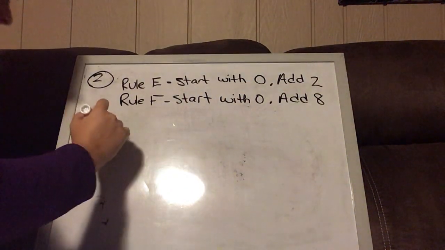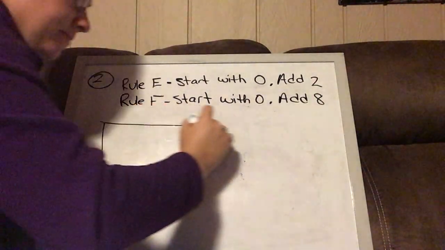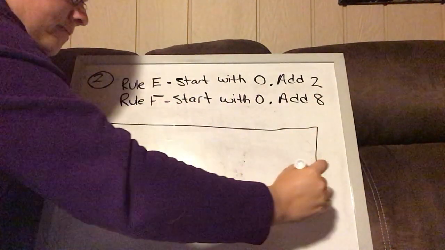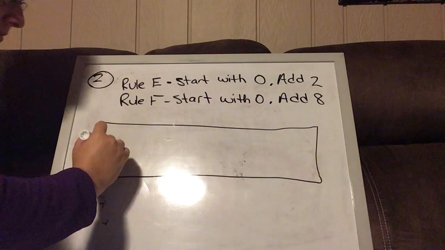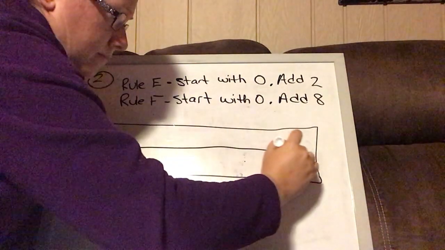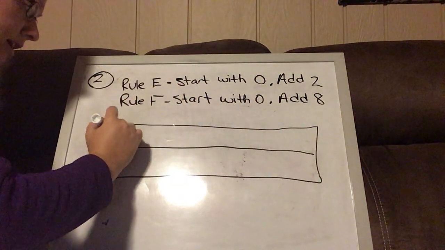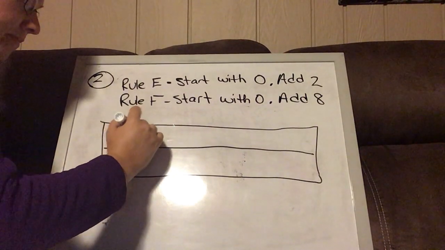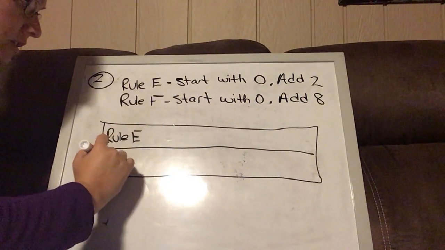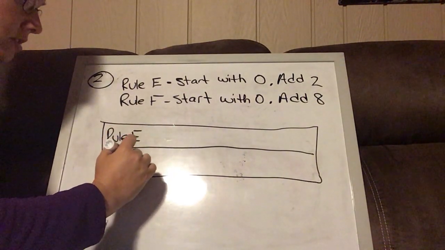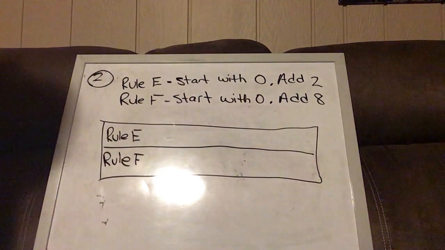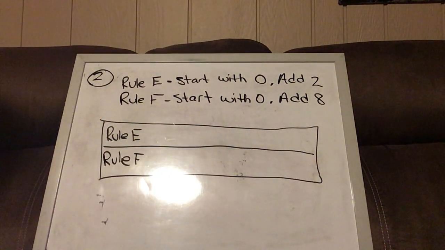Alright, so then if we make a table here, Rule E is going to be on top. When you're making your tables, if they're using letters for the rules, always put your letters in alphabetical order.